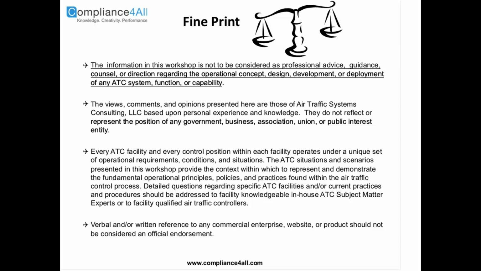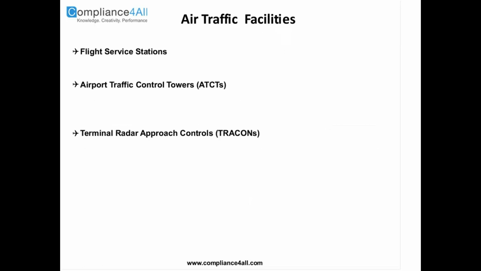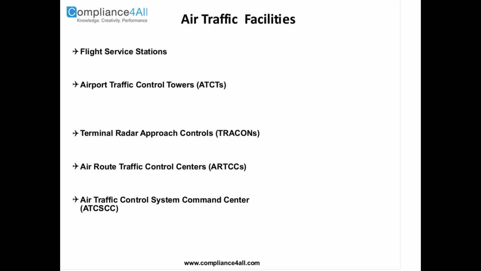Okay, let's get started. To rehash a little bit, like I said last time, there are 5 facility types in the ATC system: the flight service stations, the towers, TRACONs, centers, and the command center. The first one, the flight service stations, used to be at all these airports. That's where pilots got all their services, filed their flight plans, and got their weather. That's now done basically online.